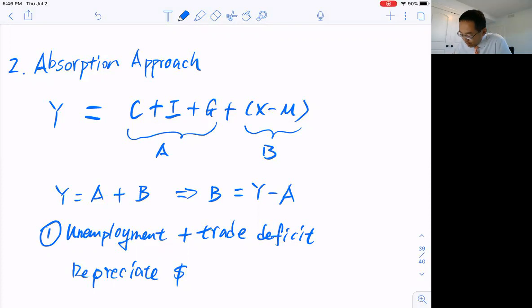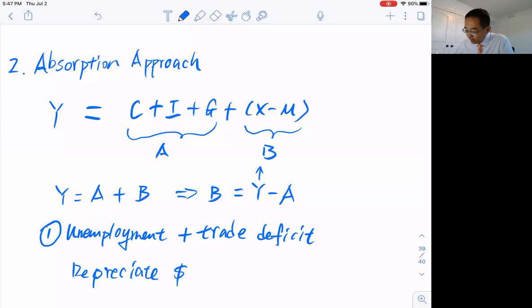So in that case, Y can increase without A changing. People don't have to buy anything less domestically necessarily. In fact, with the depreciation of the dollar, foreign products will seem more expensive, so we'll even have more domestic consumption.